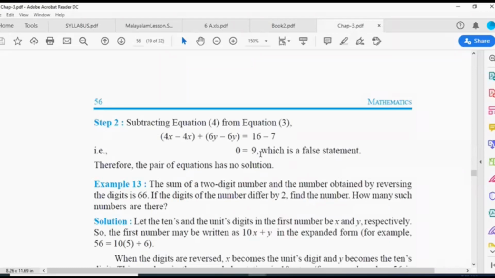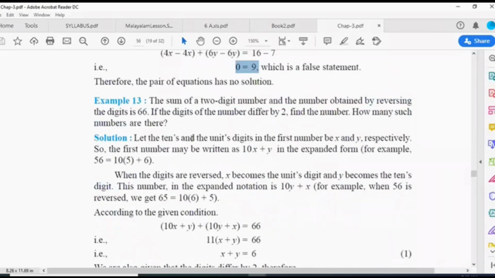Those rules are the same. After elimination, if we reach a statement without variable, there are two chances. If the statement is true, then the graph is dependent. If the statement is not true, then there's no solution and the graphs are inconsistent.